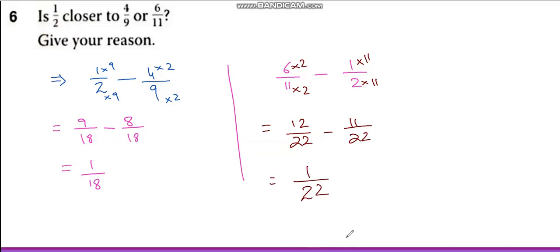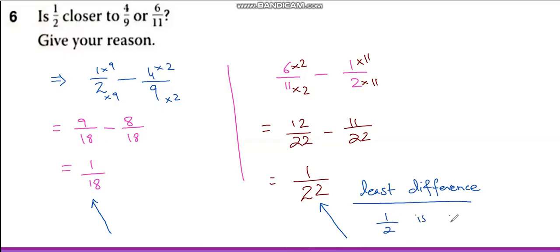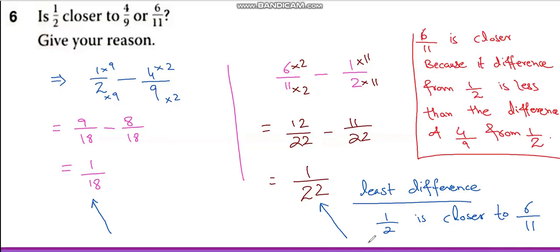Now, if you carefully observe two fractions like 1/22 and 1/18, 1/22 is the least difference. That's why we will say that 1/2 is closer to 6/11 because its difference from 1/2 is less than the difference of 4/9. Now let's proceed to next question.